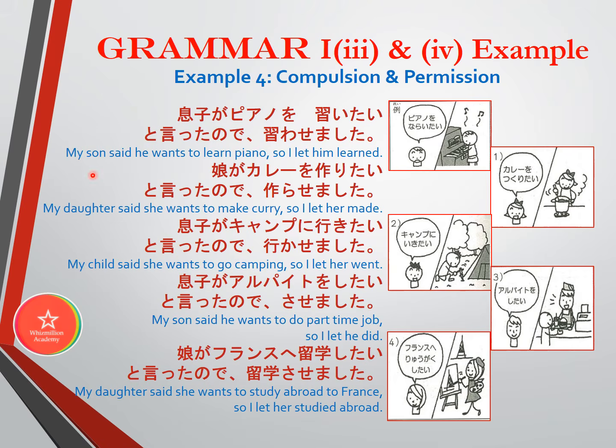In the first sentence, there's already an explanation at the front that my son wants to learn piano. So I simply explain that I let him learn. I gave him the permission to learn, right? And so we can just change the verb to a causative verb form. That's how, from the first sentence until the end, the verb is simply converted to a shieki form.